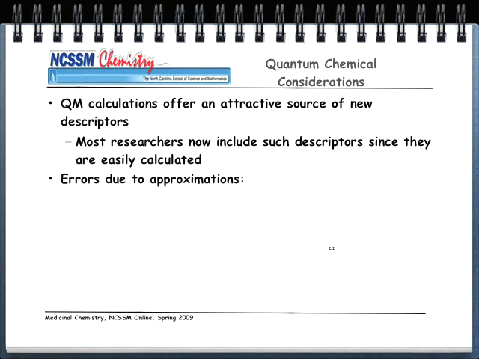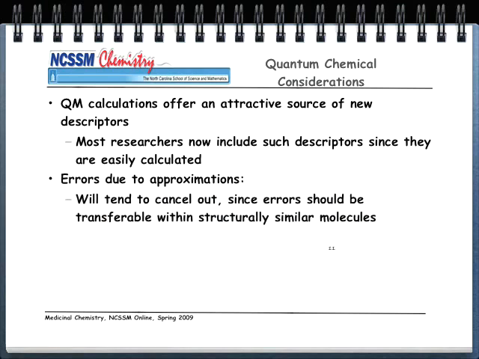Okay, there are errors that we get from this because of the approximations we make, but for all intents and purposes, the errors tend to cancel out since the errors are transferable, or the same, in structurally similar molecules. So if I'm comparing apples to apples, the errors will cancel out. If I am trying to compare one type of chemical to a very different type of chemical, then the errors are important, and I have to pay attention to them.